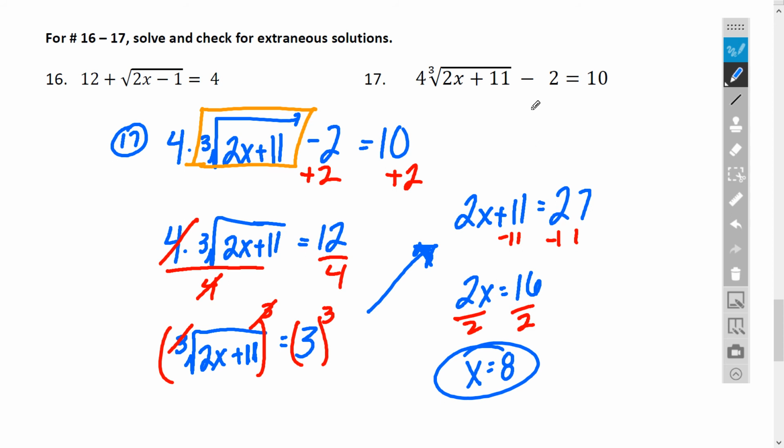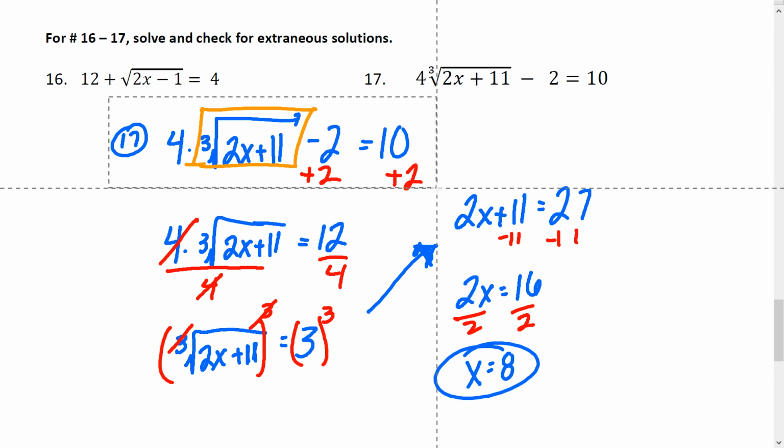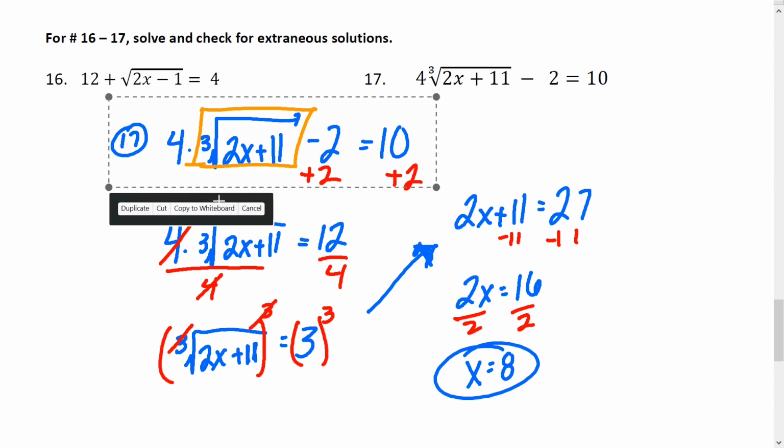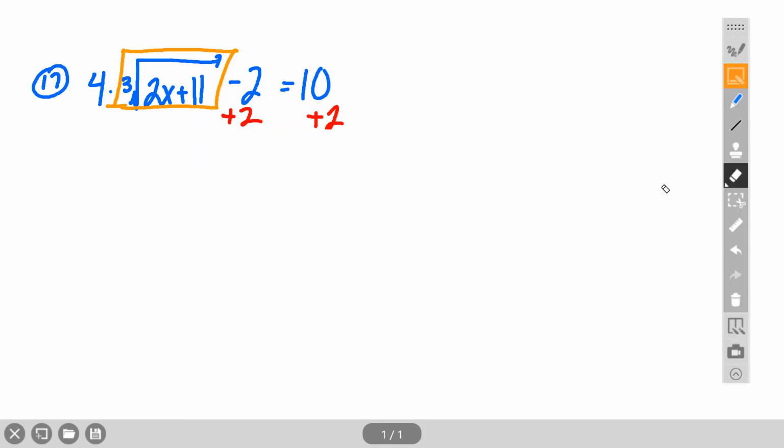All right, now keep in mind we got to check this, okay? So let me take this and check it by plugging in 8. Okay, so I'm going to plug in 8.